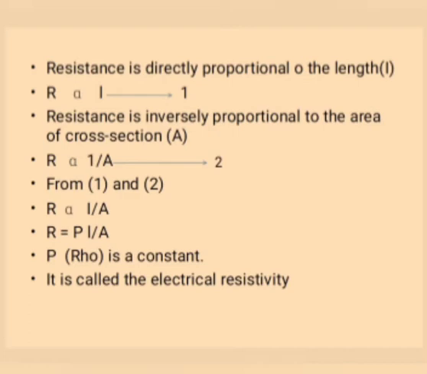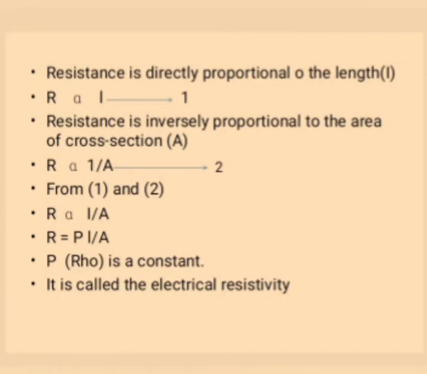From equation 1 and 2, resistance is directly proportional to the length, inversely proportional to the area of cross section. Length is in the numerator, it is directly proportional. Area of cross section is in the denominator, it is inversely proportional. Now replace the proportionality symbol by a constant that is called rho. R is equal to rho L by A.